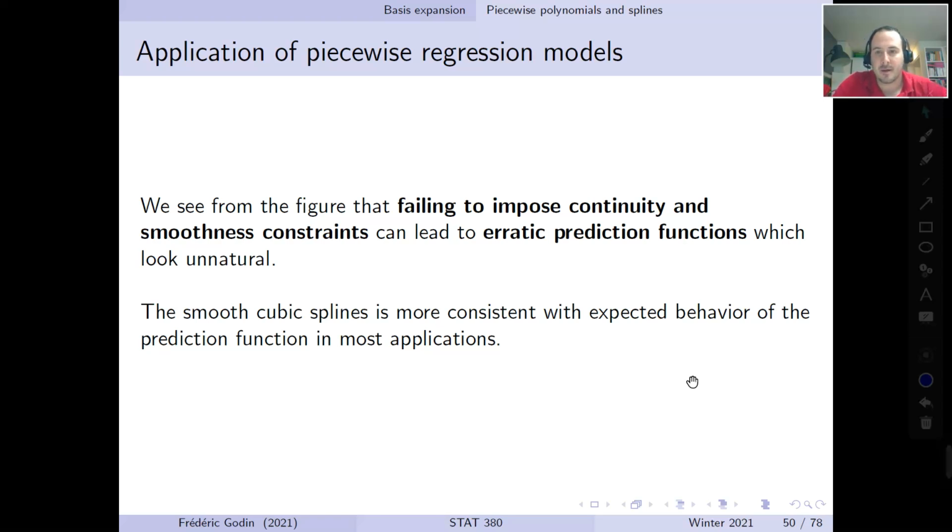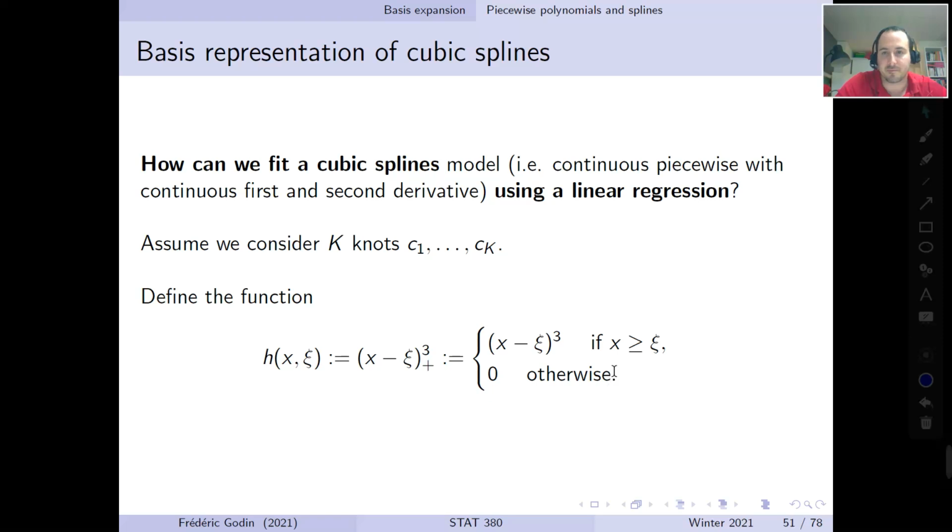Okay. So as we just said, if we fail to impose either continuity or smoothness constraints, the prediction functions can look somewhat erratic, and this might not be appropriate for predictions. Okay, so the cubic spline is more consistent with the expected behavior of many phenomena, which vary somewhat smoothly in terms of the predictor.